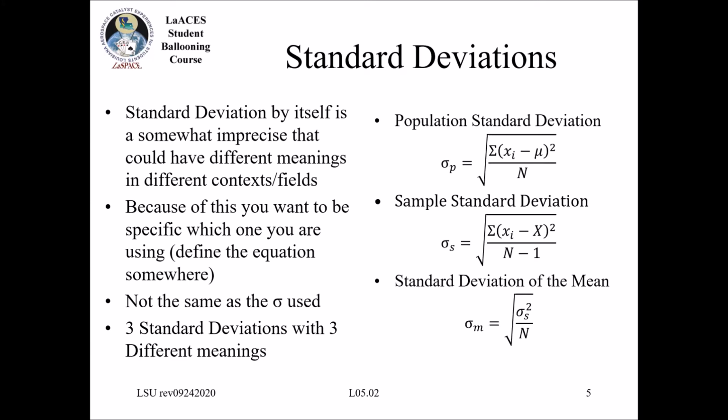Those are the three different ones. And similar to the sample average and your distribution average, they're not the same thing as the variance or the standard deviation of the distribution. But they are similar in that they give you an estimate of what that true sigma for the distribution is.